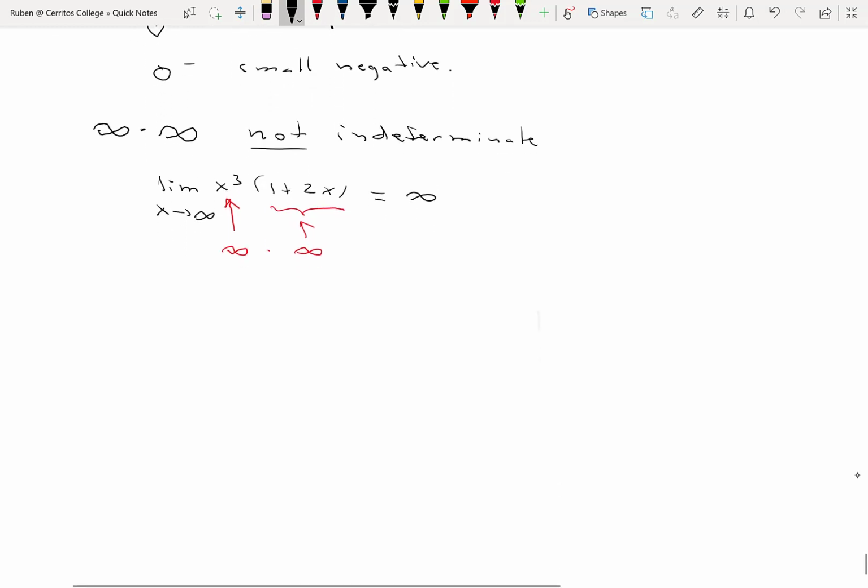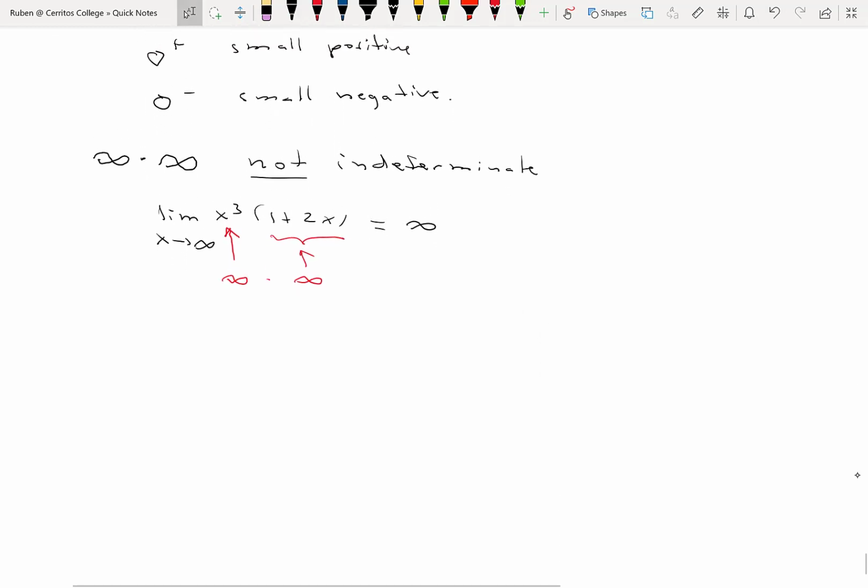Okay, so this is not indeterminate. How about a large number plus a large number? Think about it. If you have a large number and you add more of anything to it, it's not indeterminate. It's large. This is infinity. This is also not indeterminate.